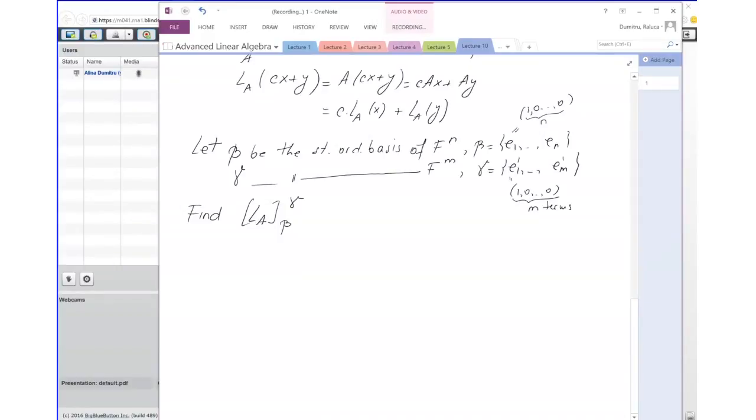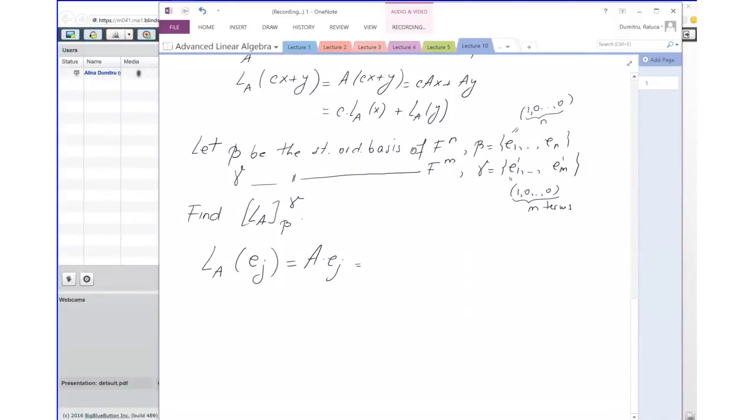To find the matrix of a linear transformation, you have to apply the linear transformation to the elements of some basis of the domain. So I'm going to compute L sub A of E sub j. The transformation is left multiplication by A, so this is just A times E sub j.